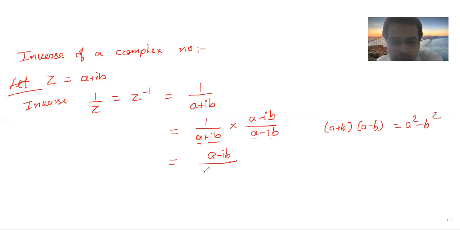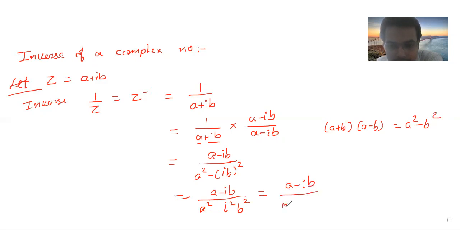We will use it and write a square minus ib whole square. After this, it will be a minus ib by a square minus i square b square, and finally a minus ib divided by a square. I square is minus 1 and minus minus is plus 1, so it will be a square plus b square.